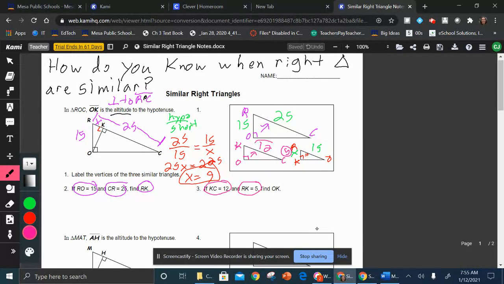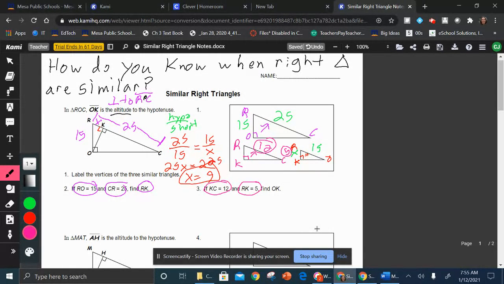We're doing these ones right here. Let's label that one. I hope I label it correctly. So that's actually K, and this is R up here.